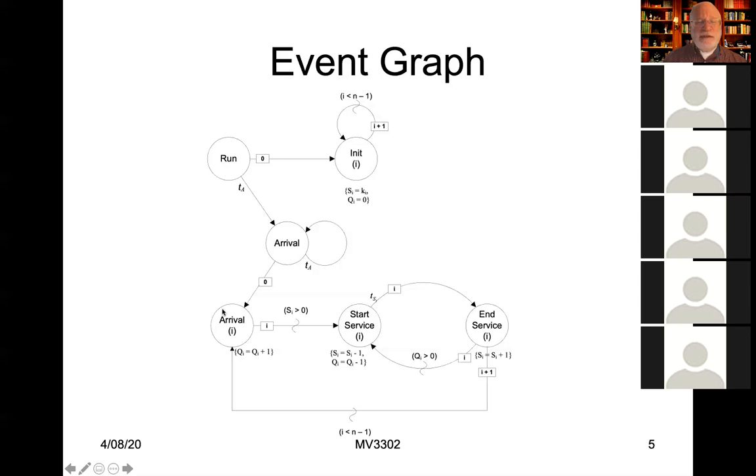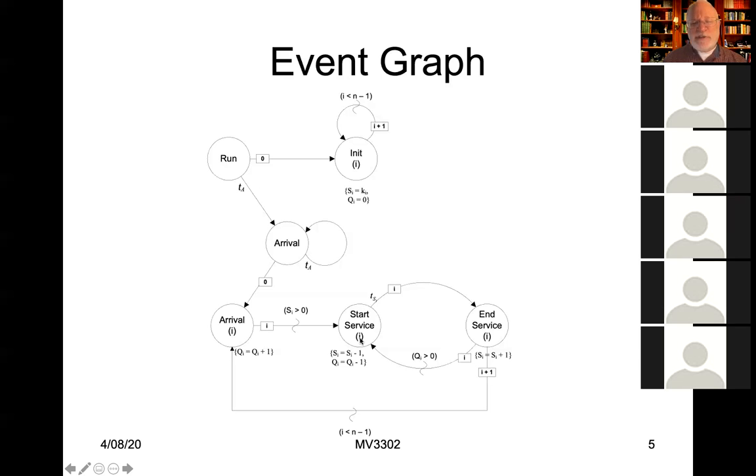When the arrival 0 event completes, control passes back to the event list, and the event list says, okay, I have a start service with the parameter of 0 at this time, and sometime later there's an arrival event with no argument. So what's the first one? The earliest one is the start service event, which happens at this first arrival time.